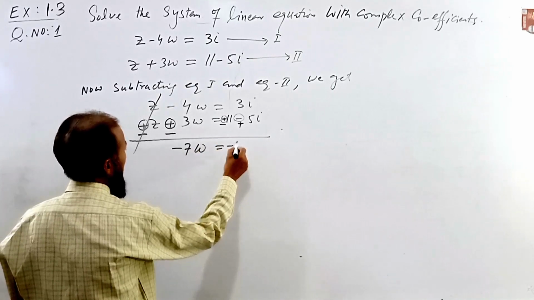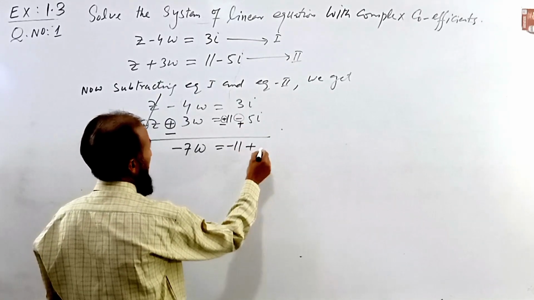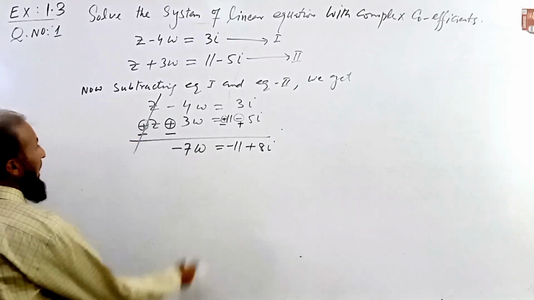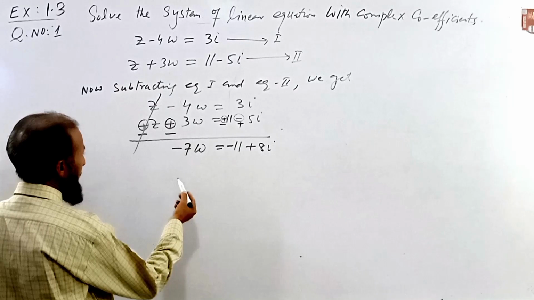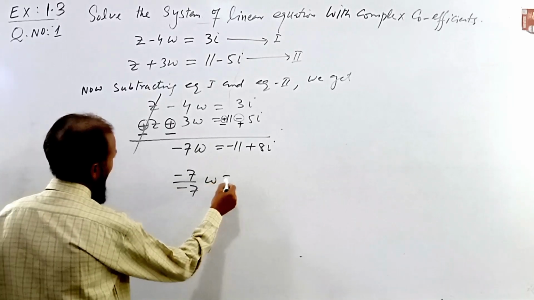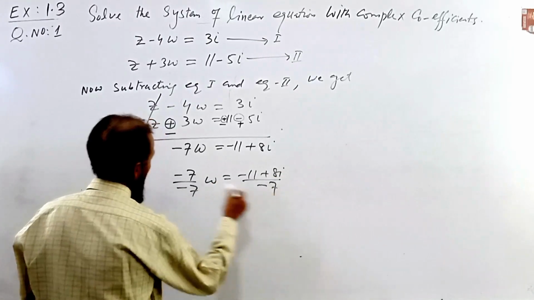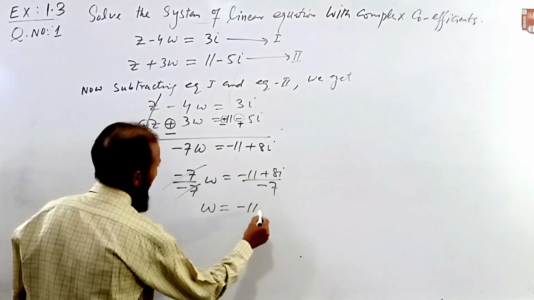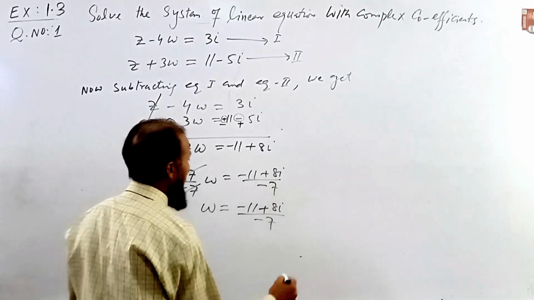Here is minus 11 plus 3 plus 8 iota. It means that here we require the w value, so dividing both sides by minus 7, both are cancelled. W is equal to minus 11 plus 8 iota divided by minus 7.